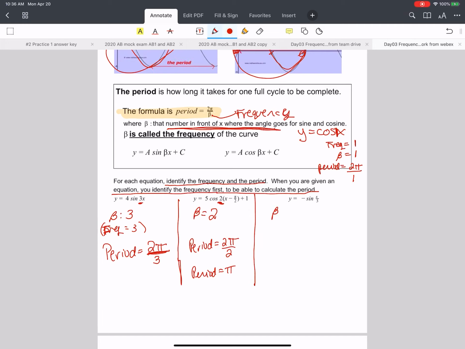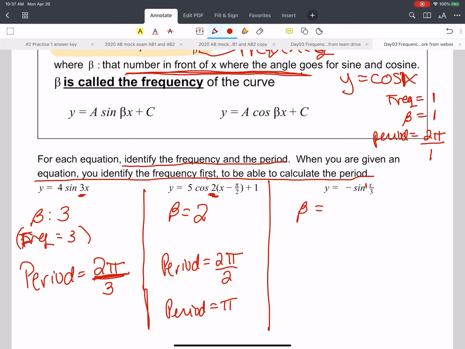Here, what's my B? Now do not put x's in there. There should be no x's. So when you look at this, there's a little 1 over there. So this is 1 over 3. So my period is 2 pi over 1 over 3. You should simplify that, so make sure you do. So that would be the same as saying 2 pi divided by 1/3, right?